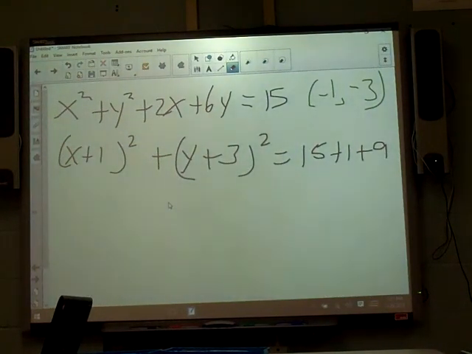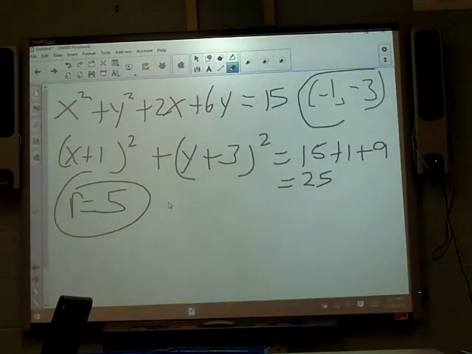So that's 25 that's equal to. So if that's equal to 25, that's r squared. What's my r? 5. So we got a radius of 5 and a center at -1, -3. Because 15 plus 1 plus 9 was 25. And then we took the square root of 25 and that was 5.